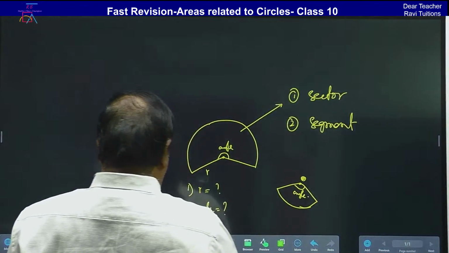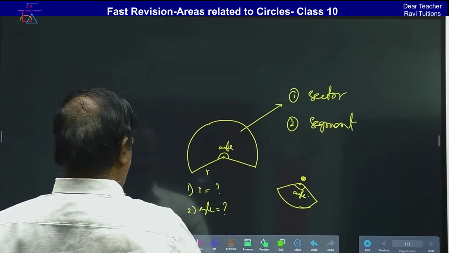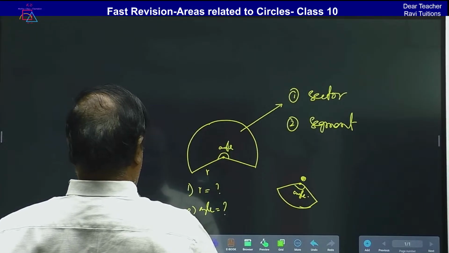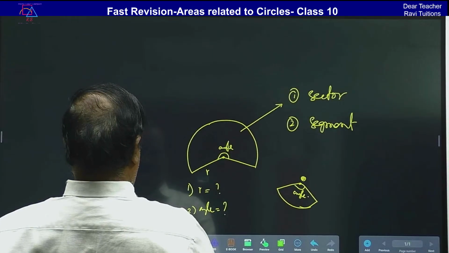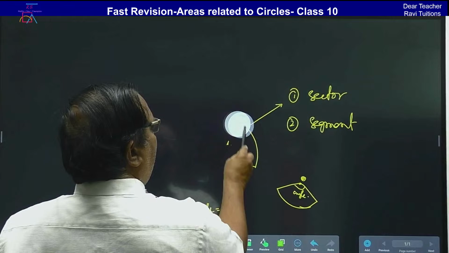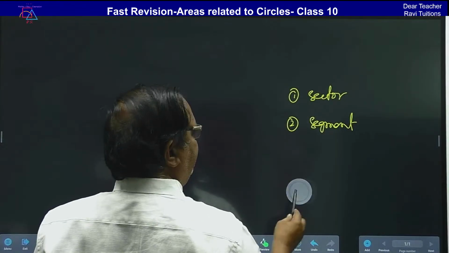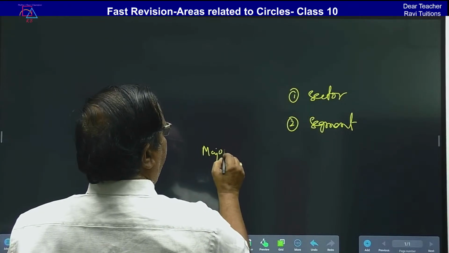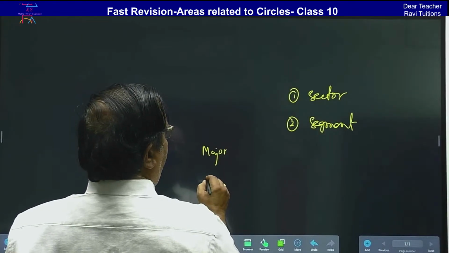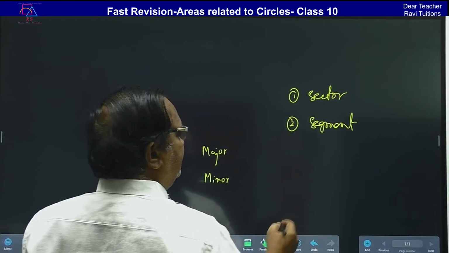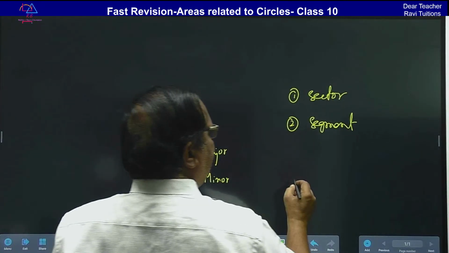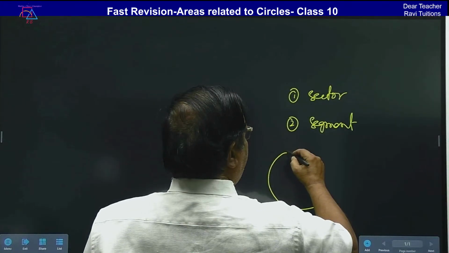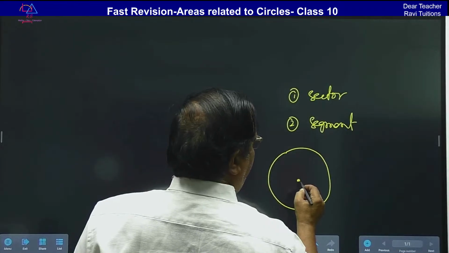Now I will tell you a few more things related to sectors. There are two types of sectors: one is a major sector and the other one is a minor sector, and also a semi-sector. The sector depends on the angle.